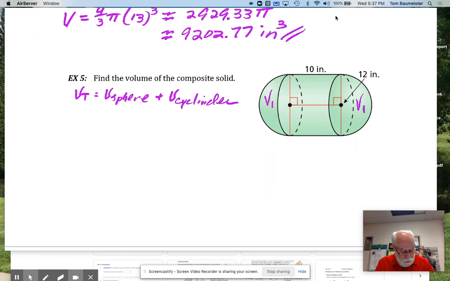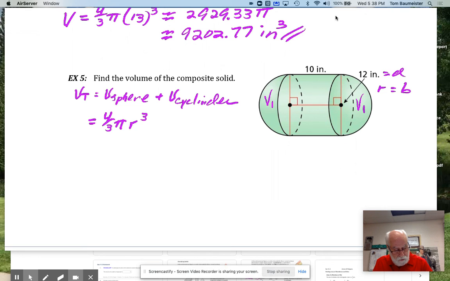So we know then that the volume of the sphere is going to be 4/3 pi. Well, we have a diameter of 12, so our radius is equal to half that, so our radius is going to equal 6, right? So then I'm going to have 4/3 pi r cubed, so 6 cubed. Well, let me go ahead and write the formula first, just to make sure, in case some of us forgot.